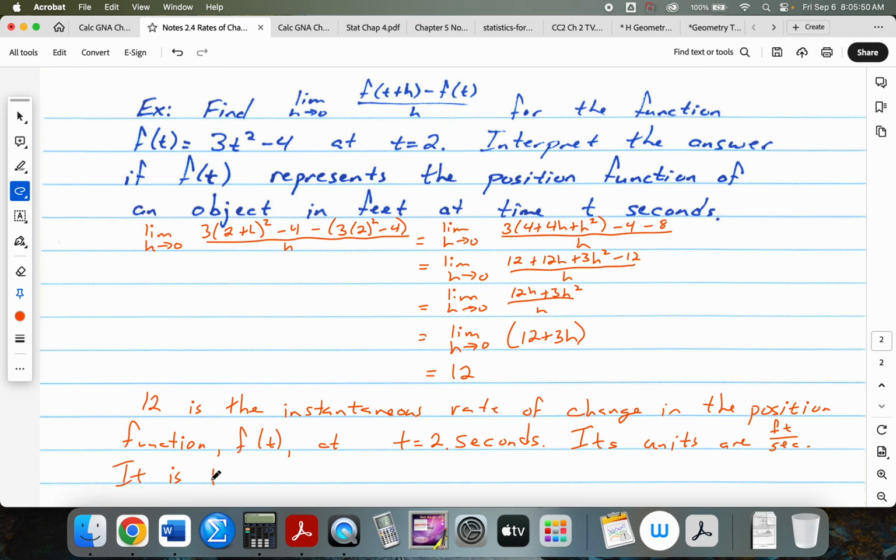It is the velocity of the object at t is equal to 2 seconds.